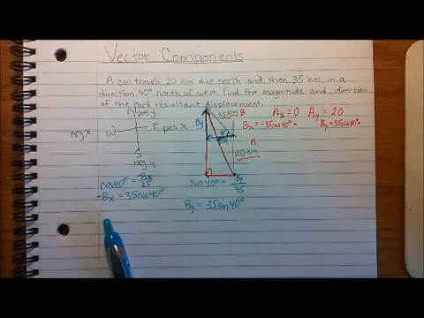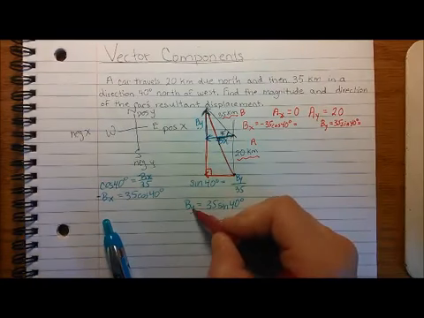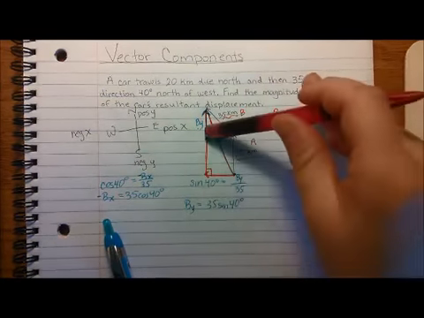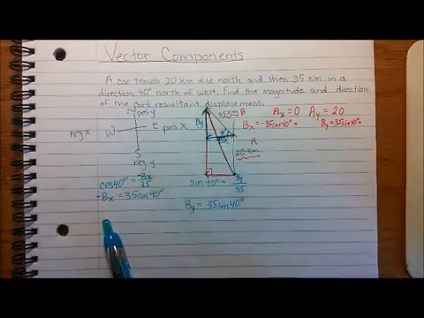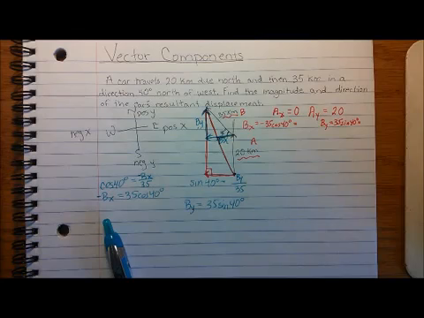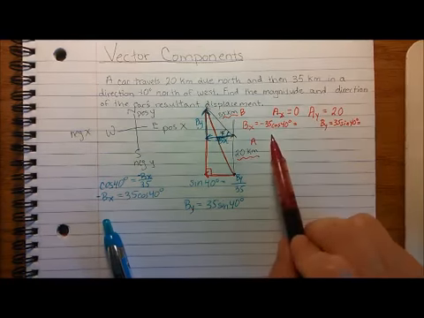Okay, why don't we need a negative for the by? Well, the answer is that this car is going overall north. And remember, north is the positive y. So that's why the y component of b remains positive. Okay, so let's actually solve these out.